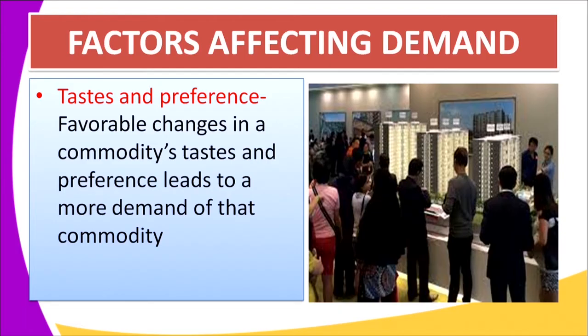If the taste and preference favors or is appreciated by the consumers, people demand more. But if the product does not make the consumers happy, people demand less of that product or don't demand it at all, and the demand goes down. So the better the taste and preference of a commodity, the higher the demand, and vice versa.